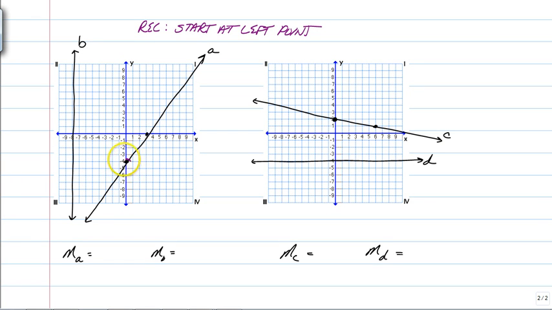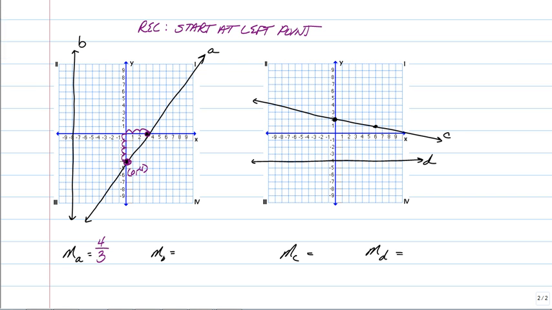So, slope of line A. We're starting here at -4 on the y-axis. So that means the coordinate is 0, -4 if it helps you. Now all you need to do is ask yourself, how do you get from that point to this point, which is at 3, 0? And you would need to go up 1, 2, 3, 4. So you have to go up 4 and over 1, 2, 3. So your slope is 4/3. And that's it. You're done.